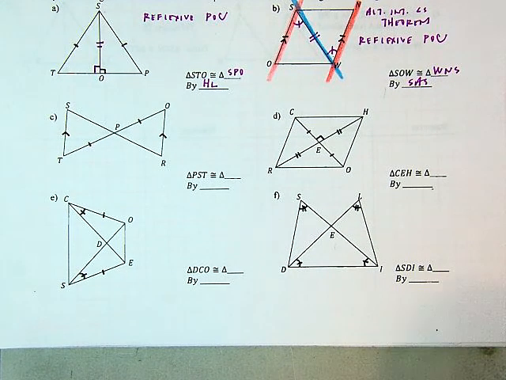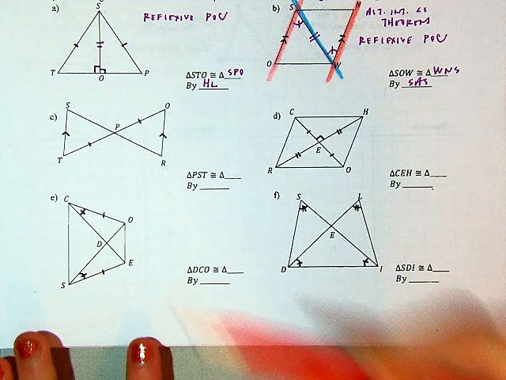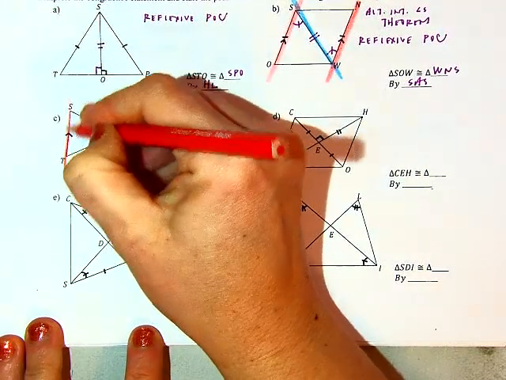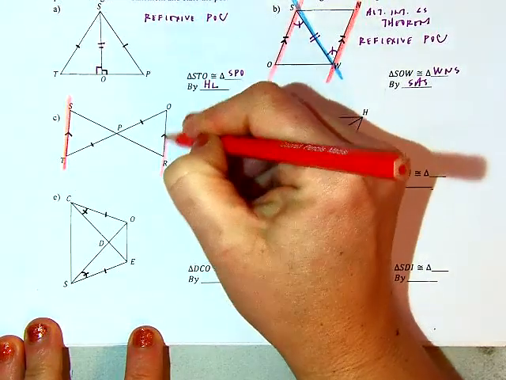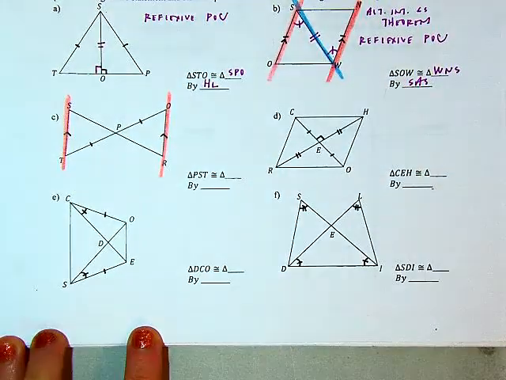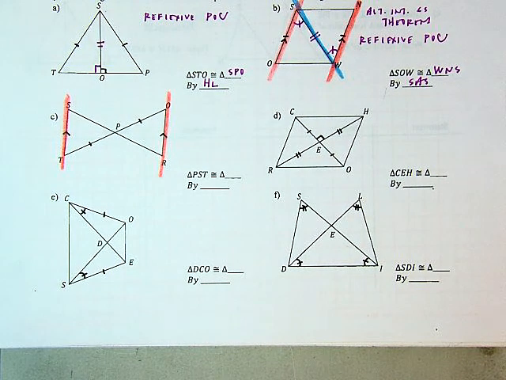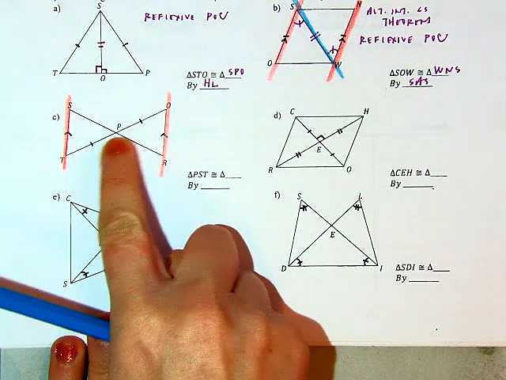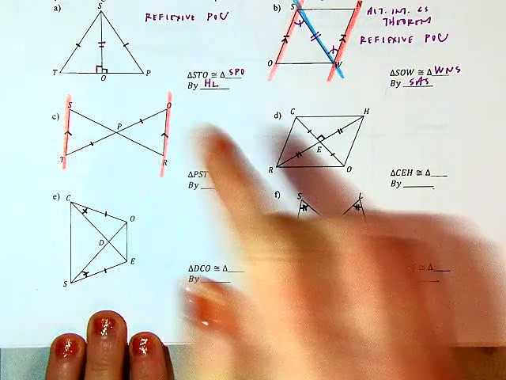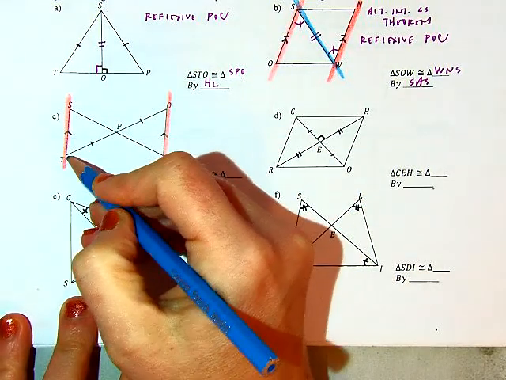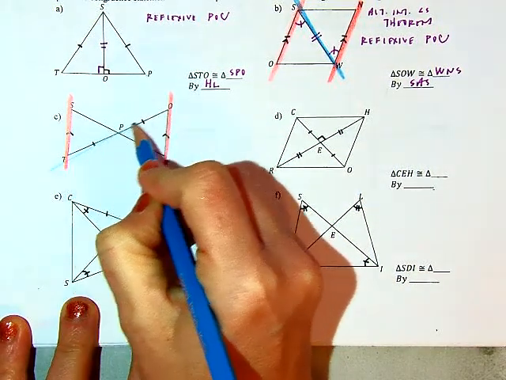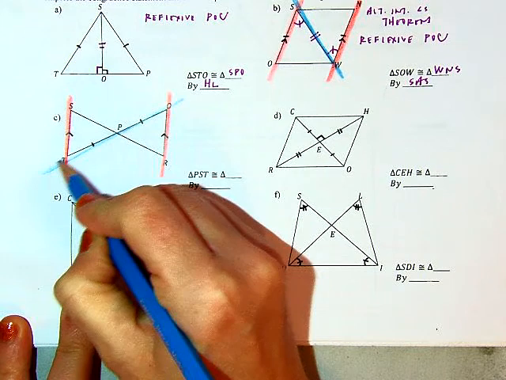So here those arrows mean parallel again, so I'm just going to emphasize them. Okay, then if I'm trying to make a connection and I have these tick marks here and here, then I'd probably view this one as my transversal. But I could have used the other one as well.